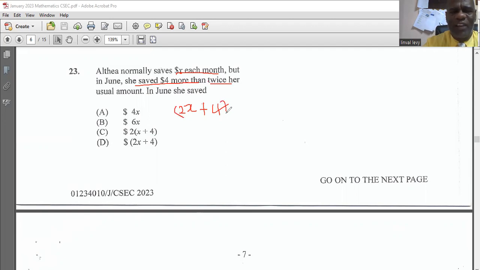Let's try to like what they have it here. Dollars. Right? Here and so this is not a 7, it's a 4. It's a bracket. 2x plus $4, right?